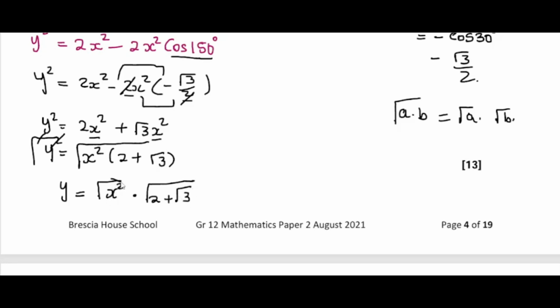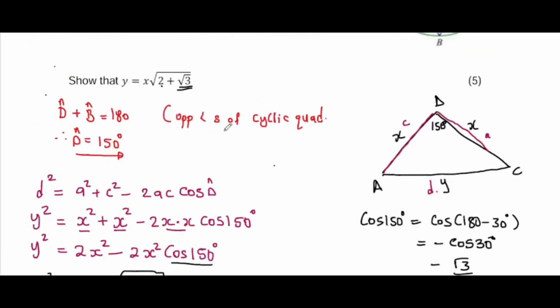These cancel and we are left with x. This tells you that y is equal to x times the square root of 2 plus root 3. Then we definitely did the proof. I hope you are happy with how we collected those 5 marks. This was an easy 5 marks to get.